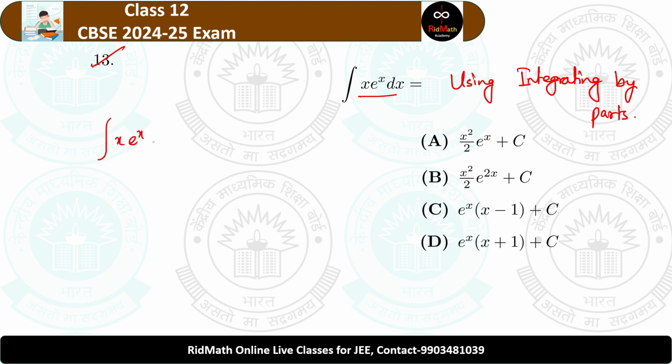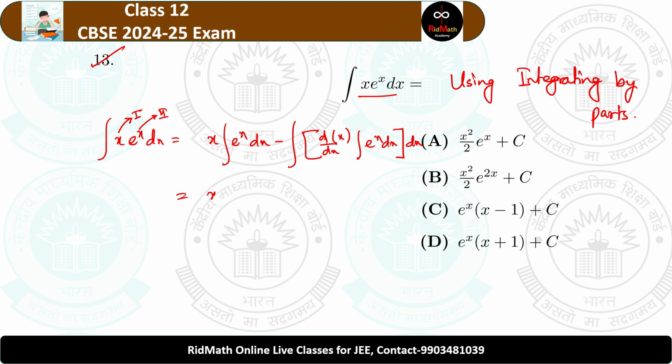We consider x as the first function and e to the power x as the second function. So first function as it is, times the integral of e to the power x dx, minus the integral of the derivative of the first function, that is 1, times the integral of e to the power x dx, whole dx.